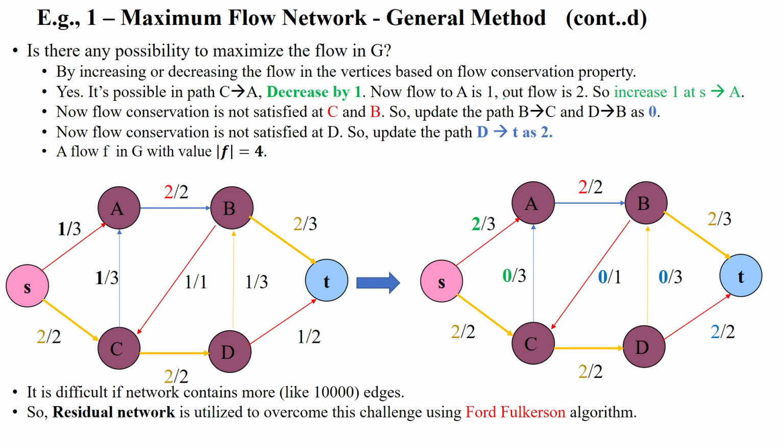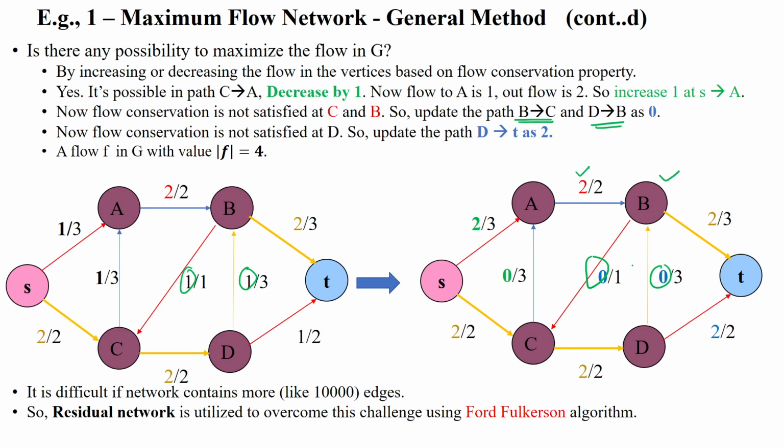For that we have to update B to C, from 1 to 0 by decreasing 1 unit. Then D to B, where we already have 1 unit, I am decreasing that to 0.